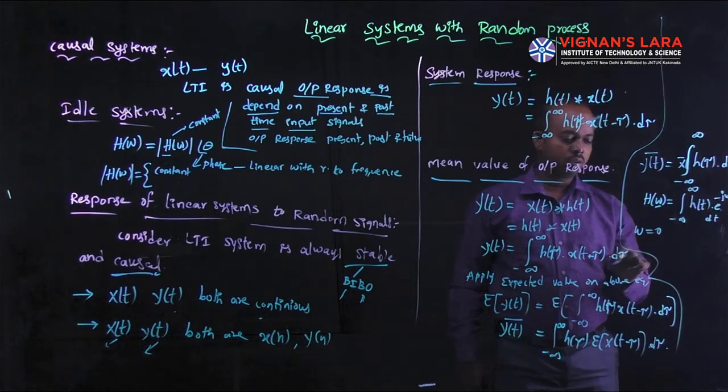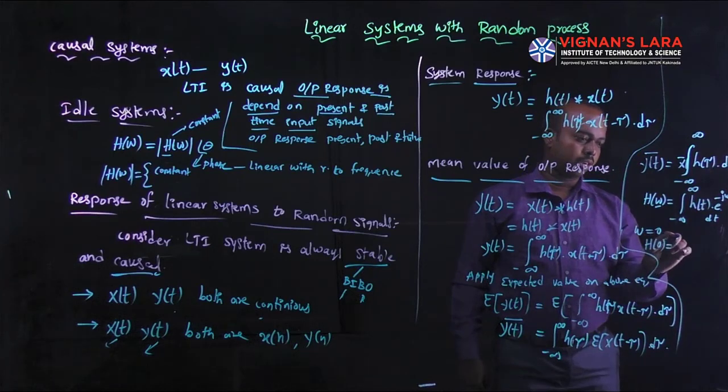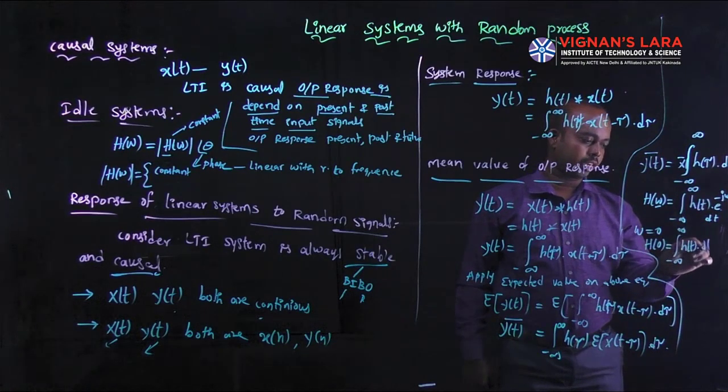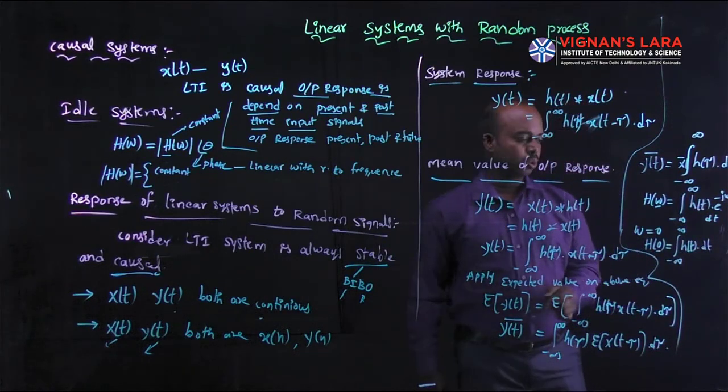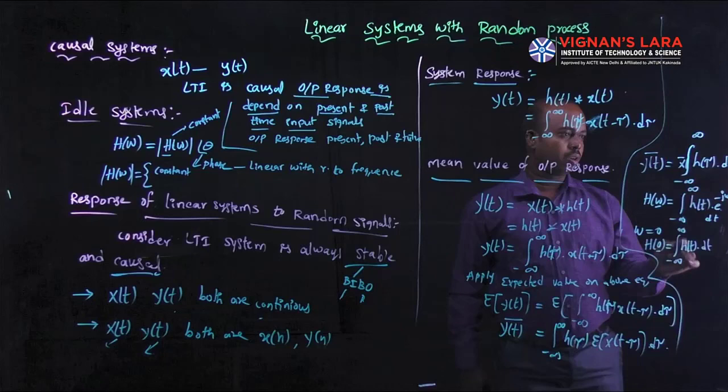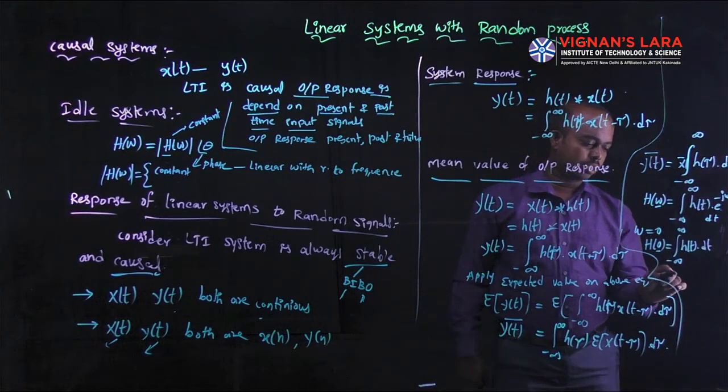Then h of 0 is equal to the integral from minus infinity to plus infinity of h of t into e power 0, which is 1, dt. Based on that, I replace the quantity in this equation: y bar is equal to x bar into h of 0.